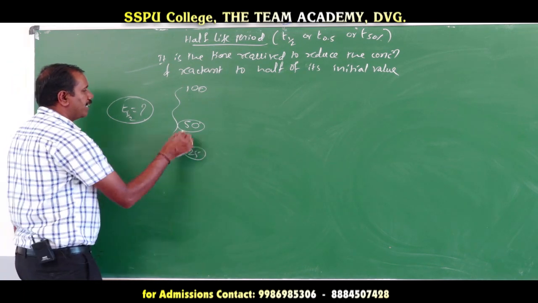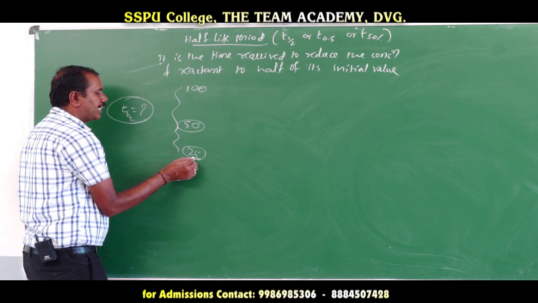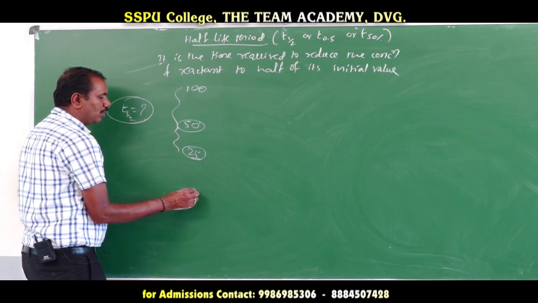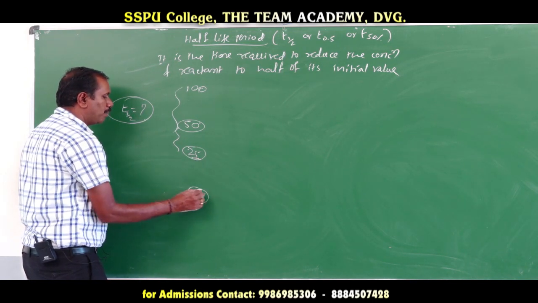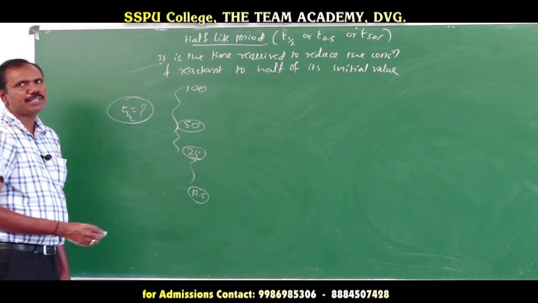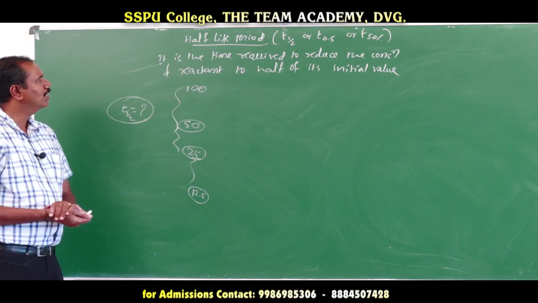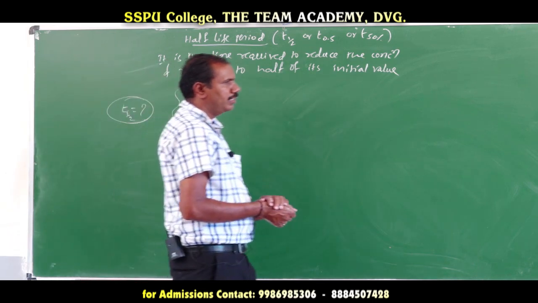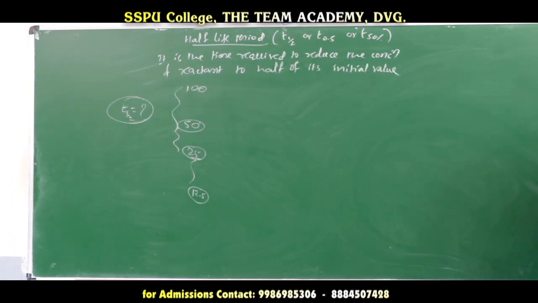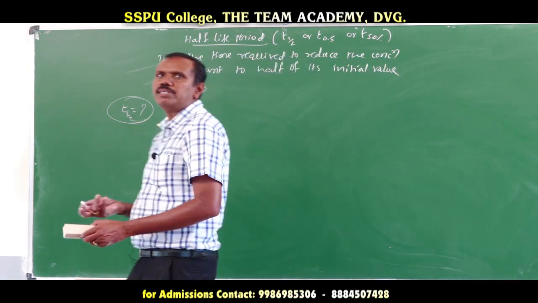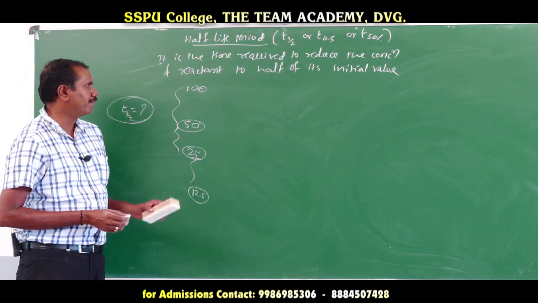Or if 25 moles of reactant is there, and it is reduced to half of its value, that is 12.5, then what is the time required? That we may call the half-life period. So, half-life period is nothing but the time required to reduce the concentration of reactant to half of its value, but not half of its time. Okay?